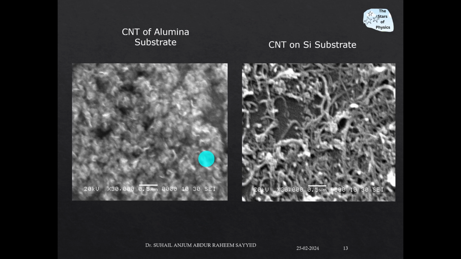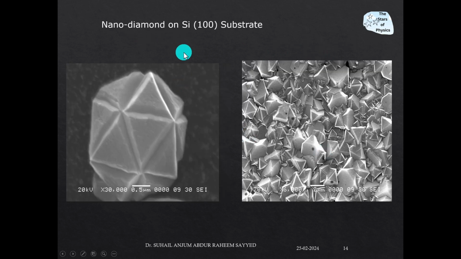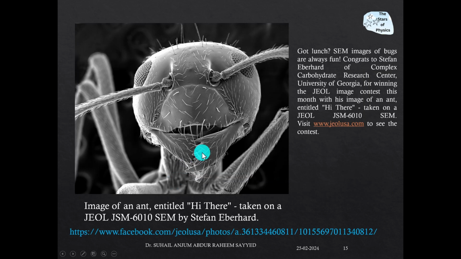Now this shows the CNT on the alumina substrate, that is the carbon nanotubes on the alumina substrate, and here we have the CNT on the silicon substrate. Then this shows the nano diamonds, and this is the magnified view. Then this is the image of an ant. It actually got the best prize from JSM.